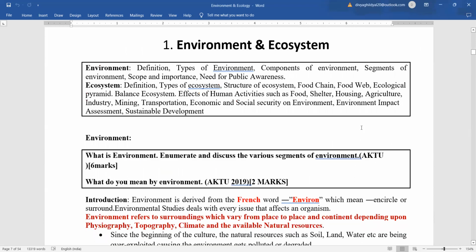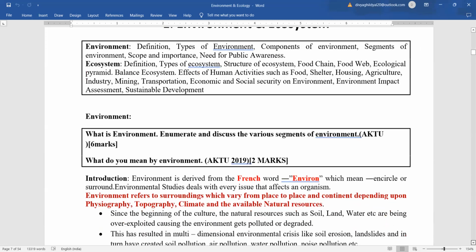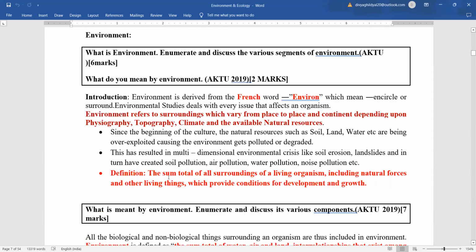What is environment? Enumerate and discuss the various segments of environment, and what do you mean by the term environment? Environment is a French word meaning encircling or surrounding, like your earth is surrounded by atmosphere.